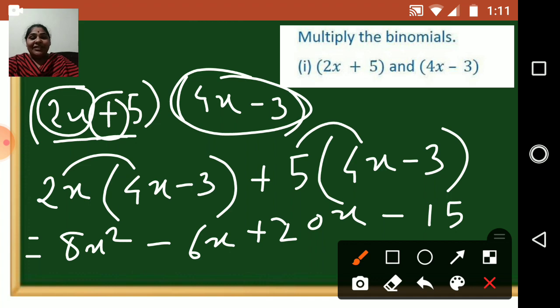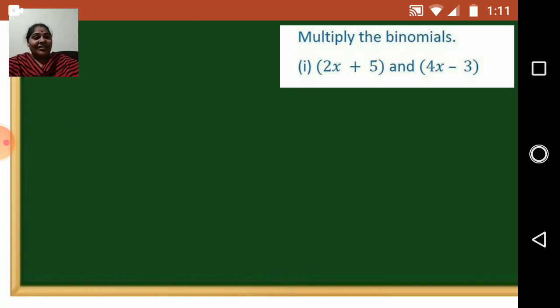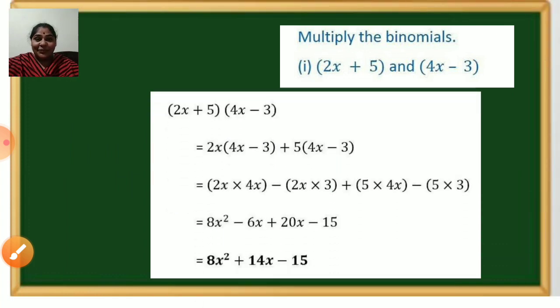Now 8x square will be as it is, minus 6x plus 20x you have to further simplify because there are like terms, and negative 15 will be as it is. So let us see the solution.